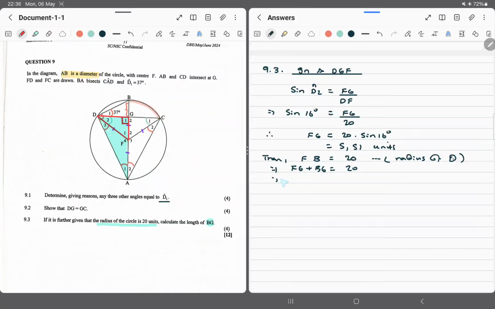This is 20 units, which also implies that 5,51 plus BG is equal to 20. Therefore, our BG is 20 minus 5,51. So 20 minus 5,51 is 14,49 units.